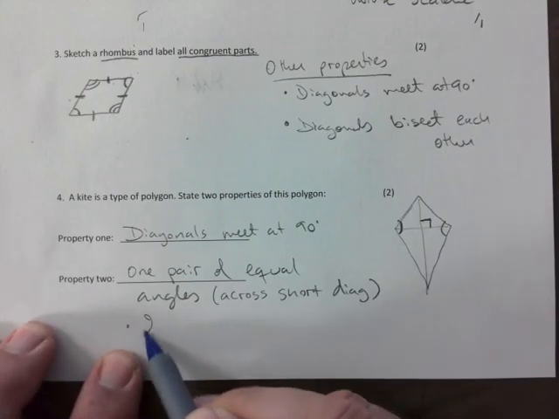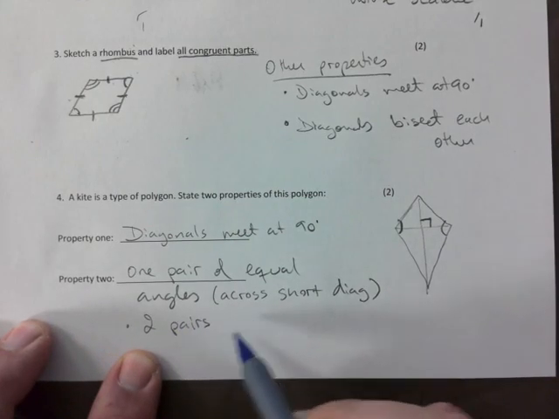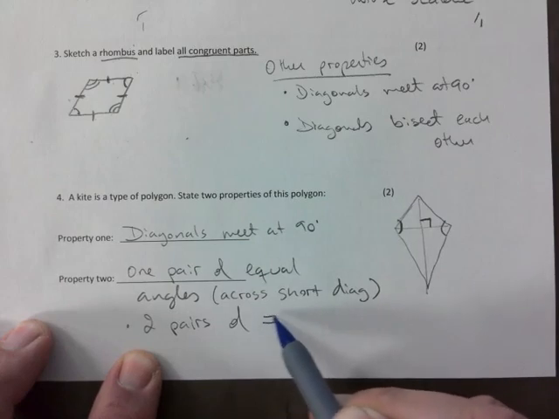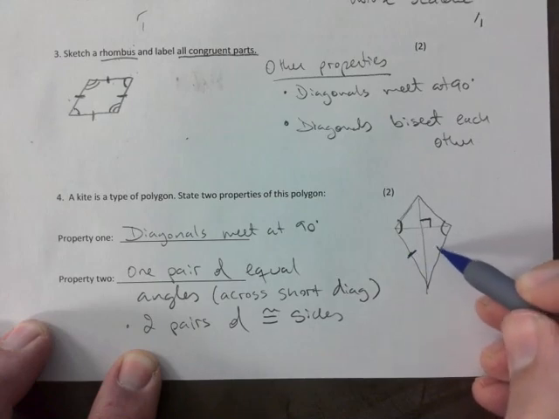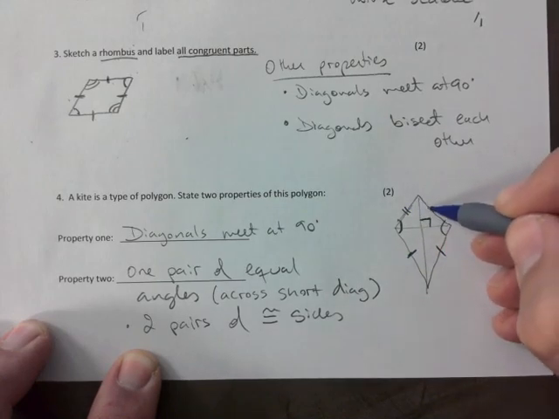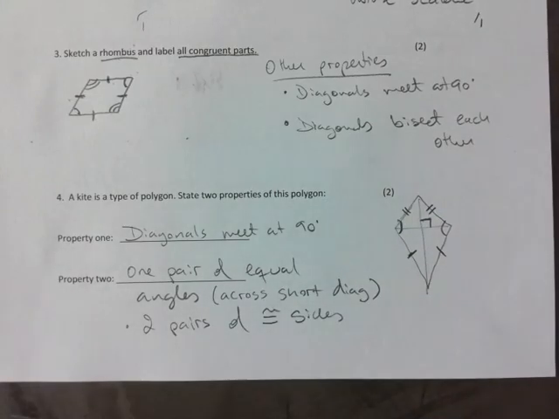You can say that there's two pairs of congruent sides, meaning this side is the same as that one, and this one measures the same as that one. Oh, and the short diagonal bisects. Only the short one bisects. Okay, guys, you remember that? Of course, you live and breathe quadrilaterals.